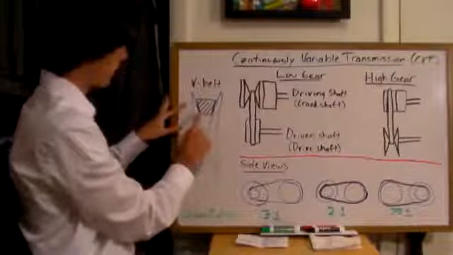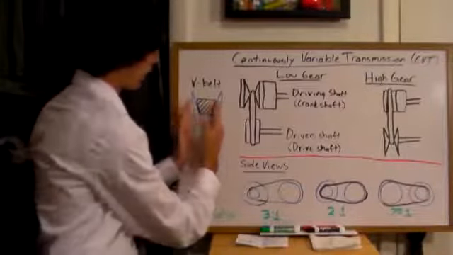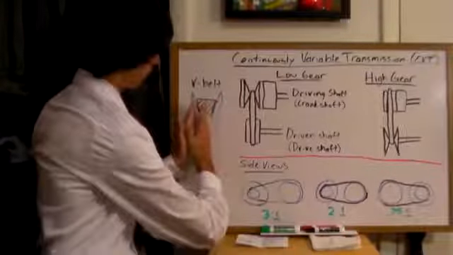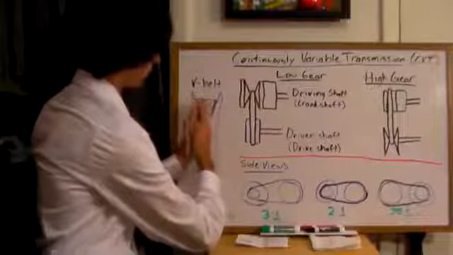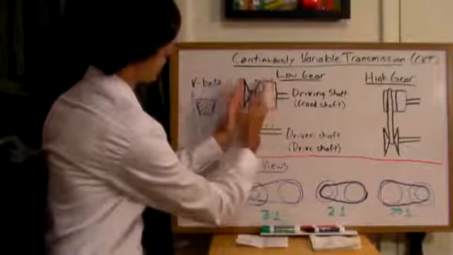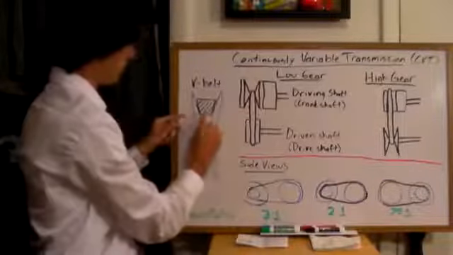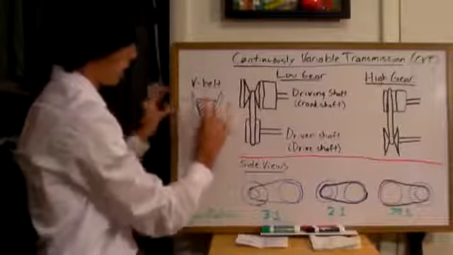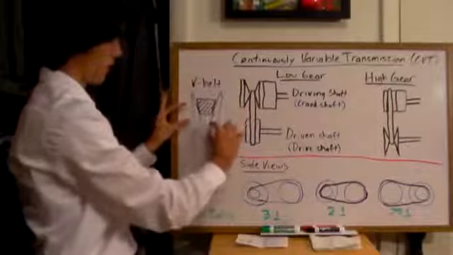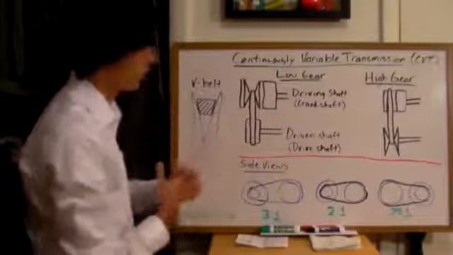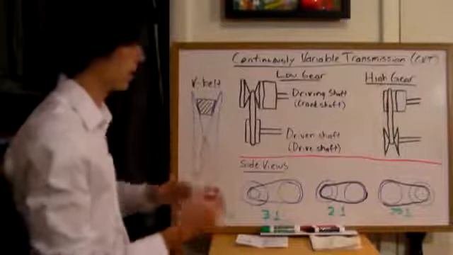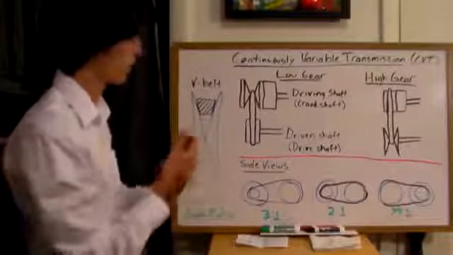And so you're going to have this V-belt here, and as this pulley system closes in or expands out, which can be controlled electronically by the transmission, it will force this V-belt up and down. Now, that V-belt going up and down will in turn create the infinite number of gear ratios.